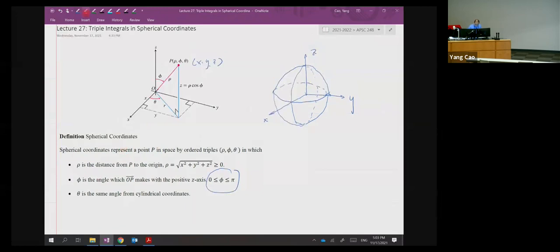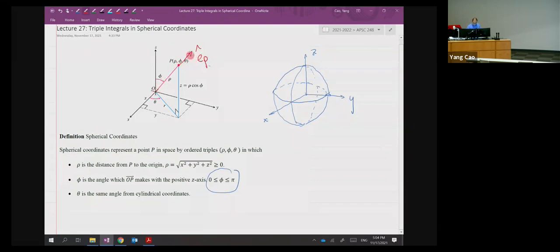If I make a little bit of analogy, as we did in the previous case, you can consider that at this location you have a coordinate system attached. There is a unit vector, let's call this E rho, in the direction of rho, or the OP direction.